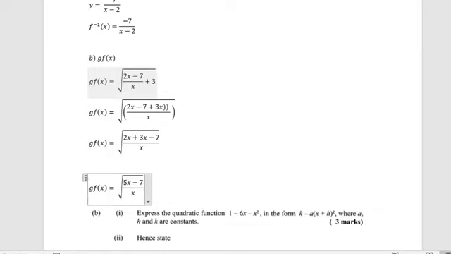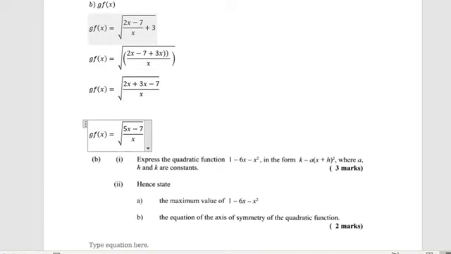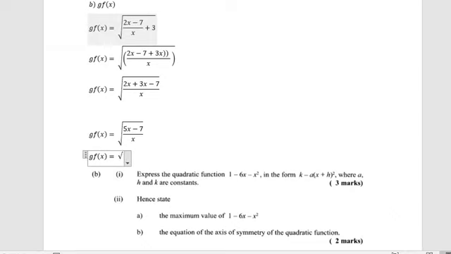And basically this can be simplified once more to give us g f of x is equal to the square root of 5 minus 7 over x.